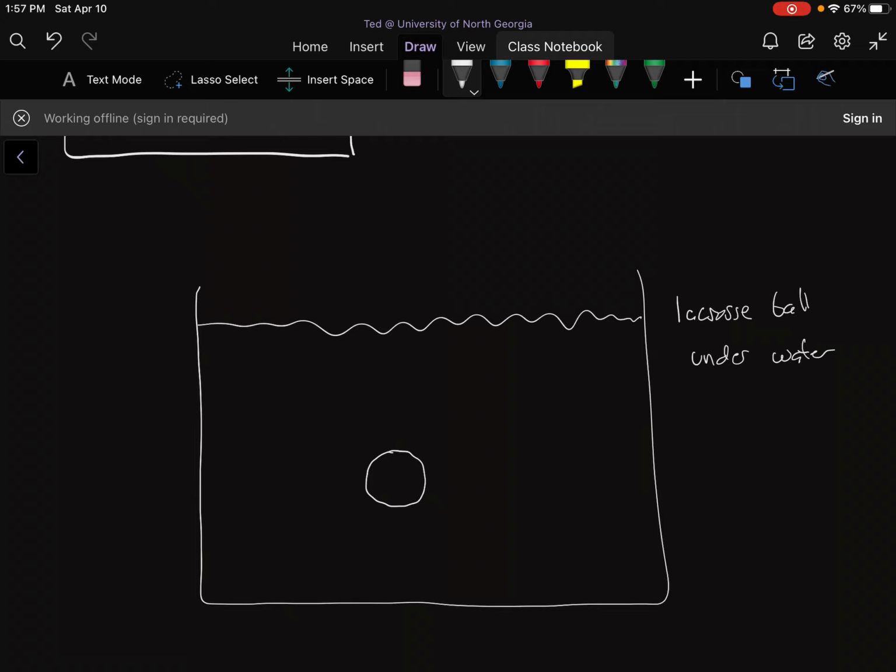We're going to say that the density of this lacrosse ball is about 930 kilograms per meter cubed. And so that means it floats, right? Because it's less than the density of the water, which is 1,000 kilograms per meter cubed.